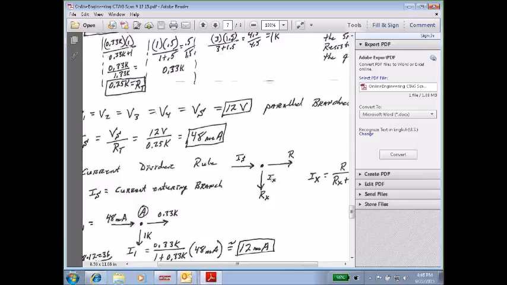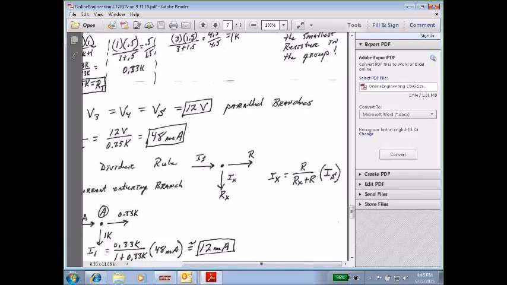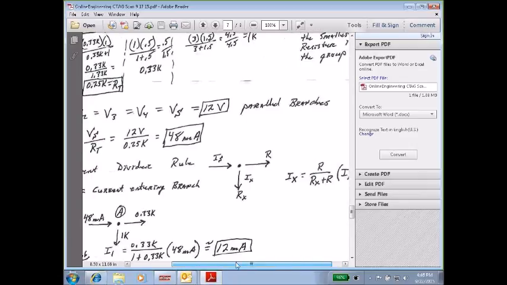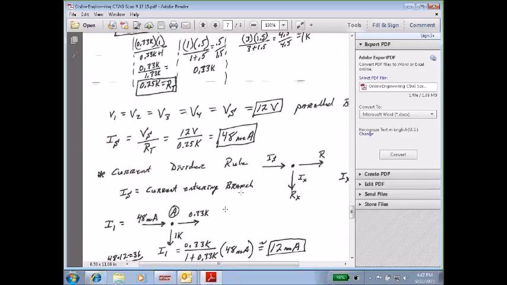If I want to know the current IX, it is equal to the resistance of this branch up here that I'm not looking for, right here on top, divided by the resistance in the branch that I am looking for plus the resistance of the one that I was not looking for, and then we multiply that by the current coming into the junction right here. IS is the current entering the junction.